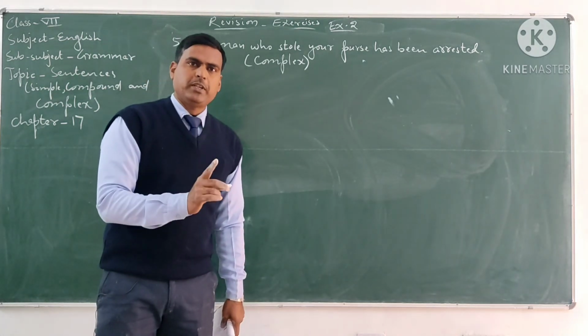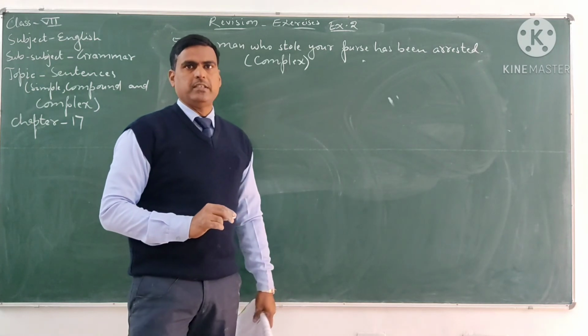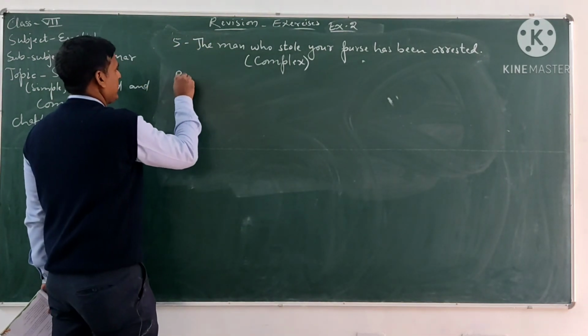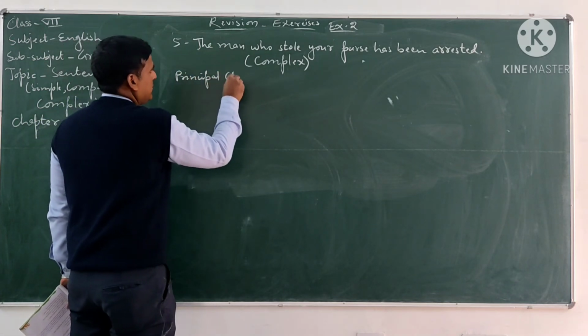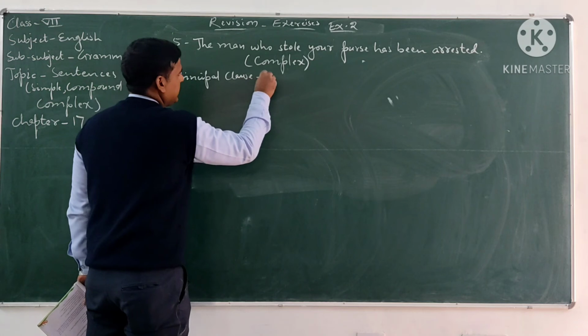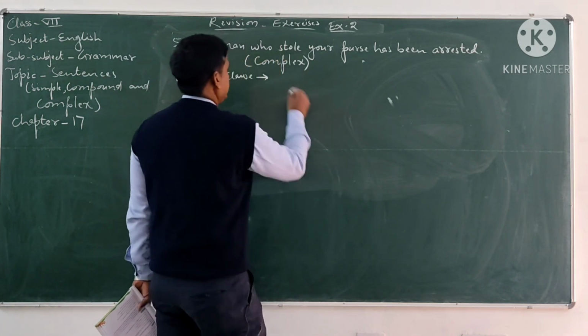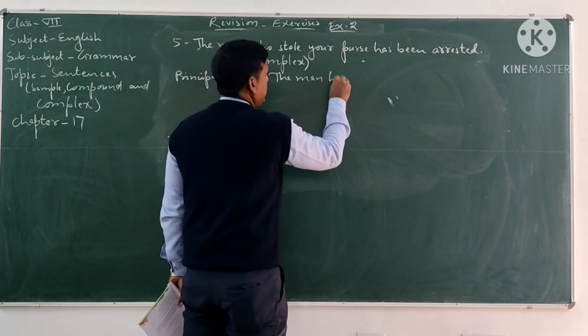One clause is the principal clause and the other clause is the subordinate clause. So the principal clause in this sentence is the man has been arrested.